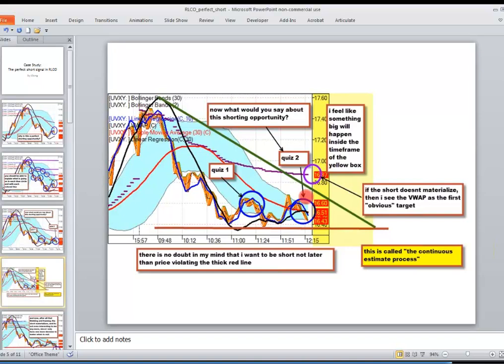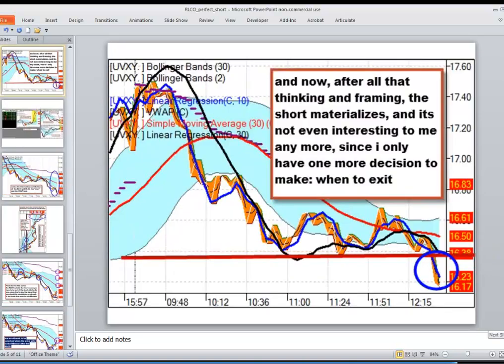I would reverse and go long with an idea that it's going to get to the purple VWAP and then go retest the high of the day. So this process of continuously updating is called the continuous estimate process by military guys. Okay, so continuing to frame and reframe, trying to figure out the story of the day as we go.